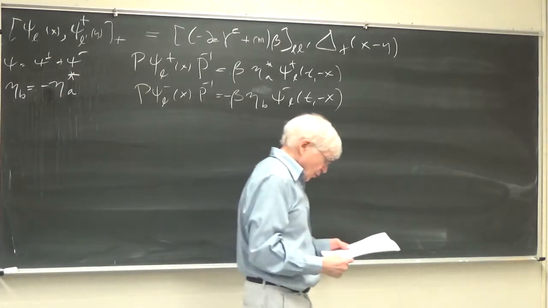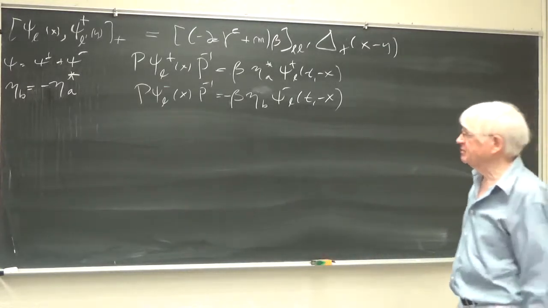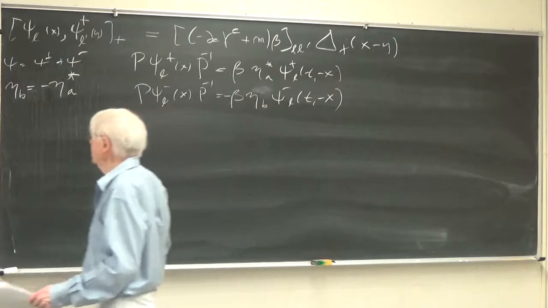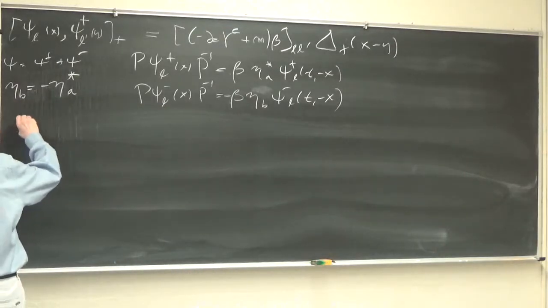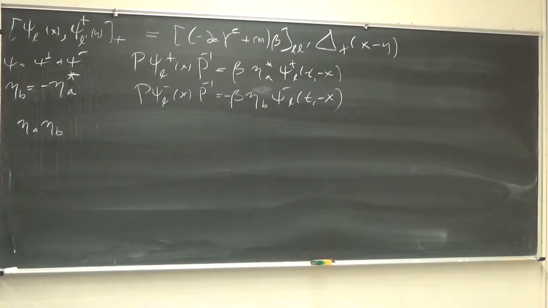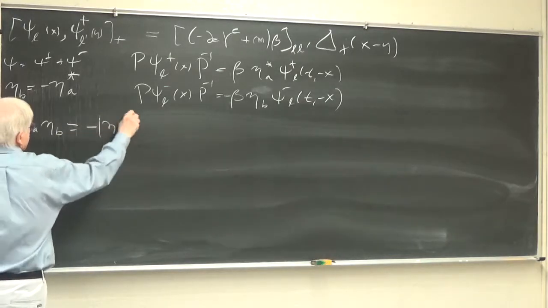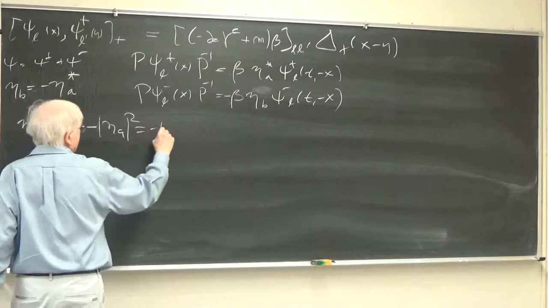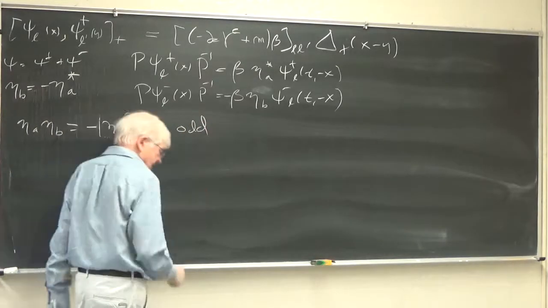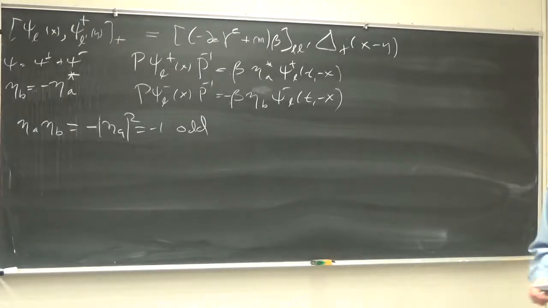So what this means then is the intrinsic parity of a particle-antiparticle state, which would be A to A, A to B, this would be minus A to A absolute value squared, -1. So particle-antiparticle state has odd parity.